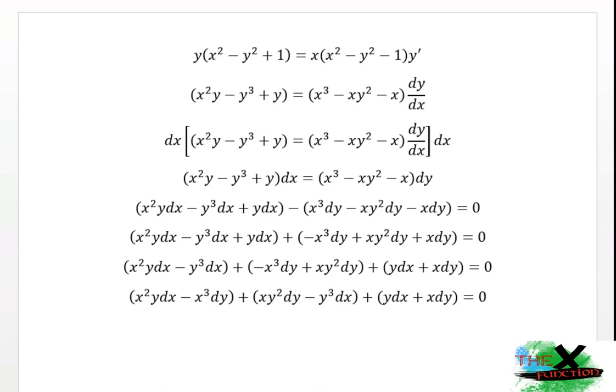Next thing to do is to factor out. Since x squared is common in x squared y dx minus x cubed dy, we have x squared times the quantity of y dx minus x dy.